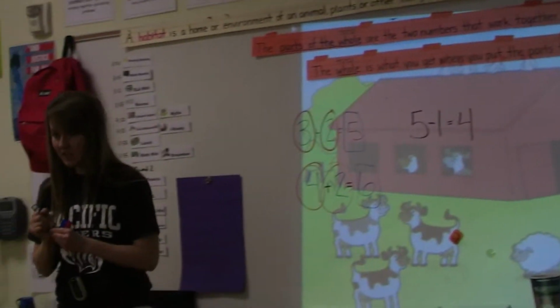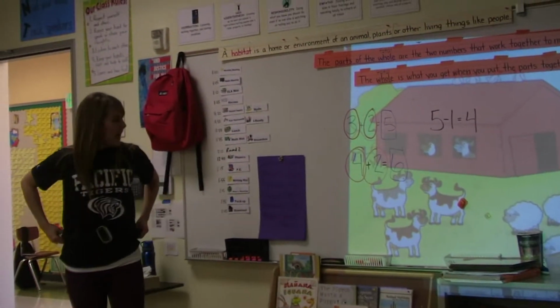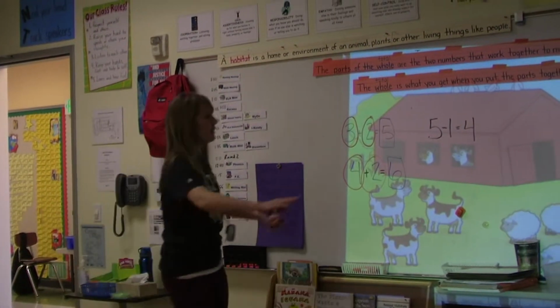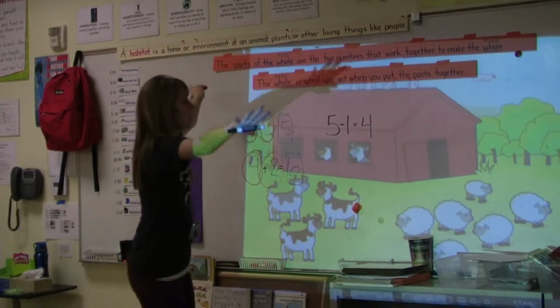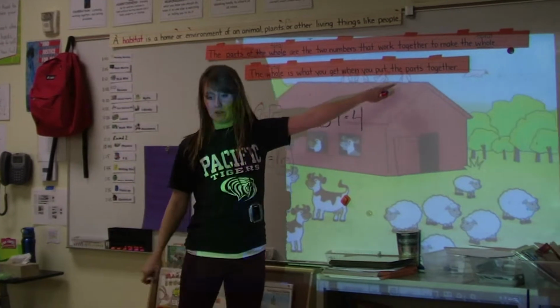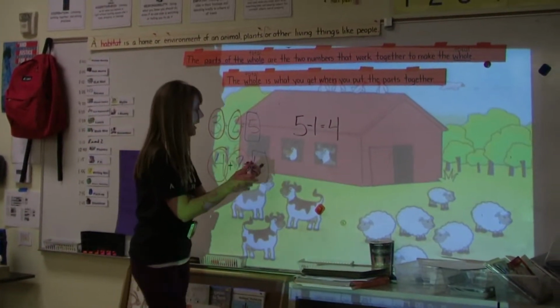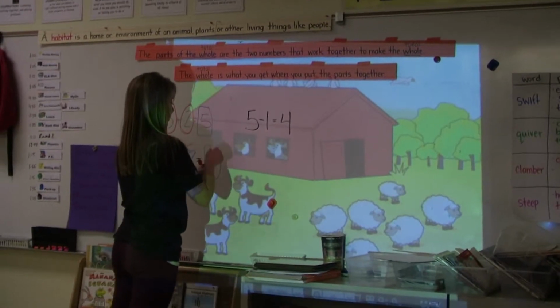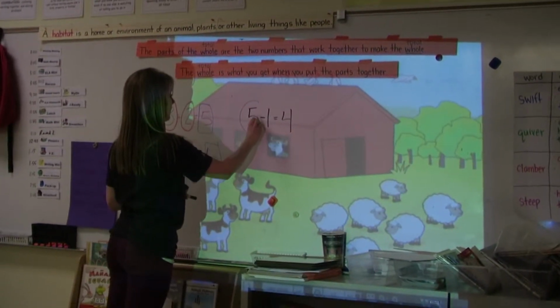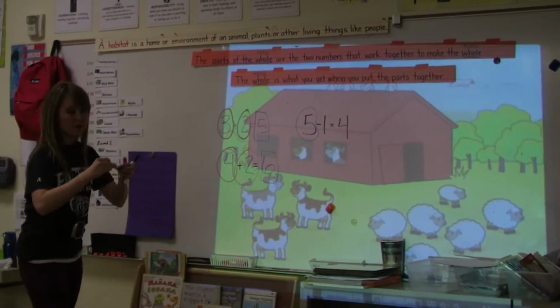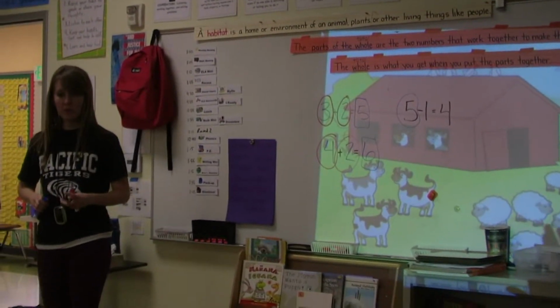When I look at this subtraction sentence, I see that altogether the total number is 5, because that's how many birds I have altogether. Do I have 5 birds altogether? Yeah. So I'm going to circle 5 as the total. What numbers go together to make 5? Which numbers are parts?